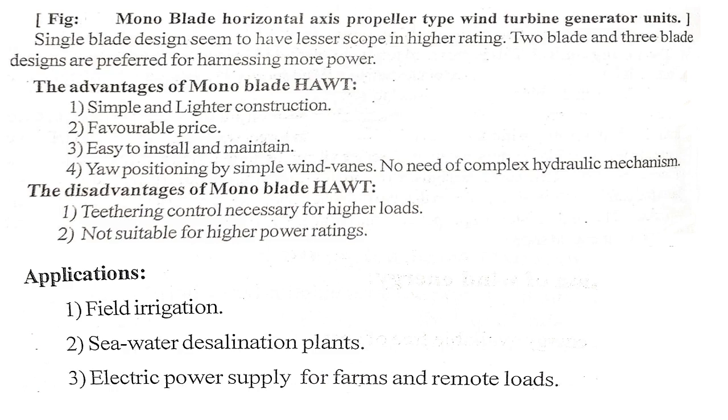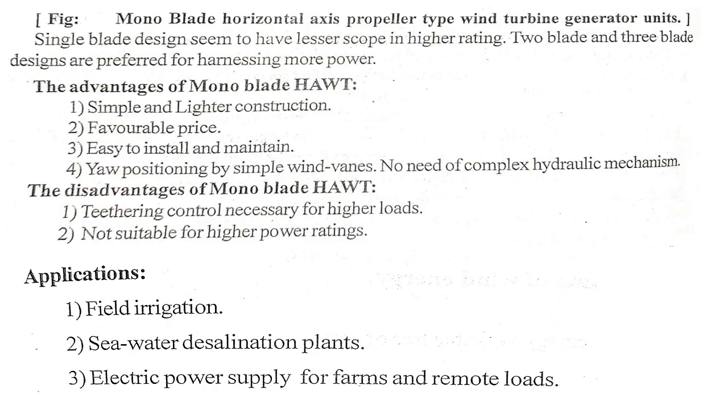Applications: field irrigation, seawater desalination plants, electric power supply for farms and remote loads. These are the applications of monoblade HAWT, and field irrigation is the most important application.